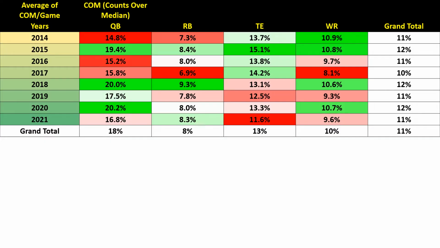Next slide. Okay, so if we look year to year, 2014 to 21, and we look at the positions, okay, and then I invented a metric. People do in this business, predict and make funny metrics with abbreviations, right? Okay. I call it the CompStat, counts over the median.